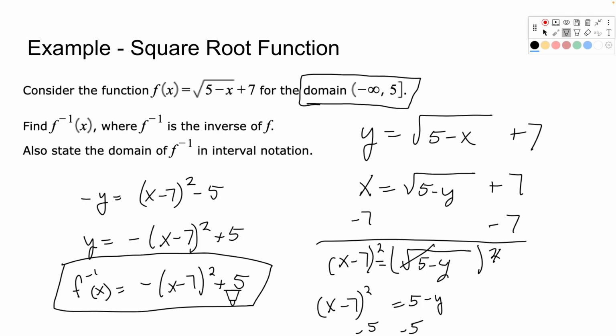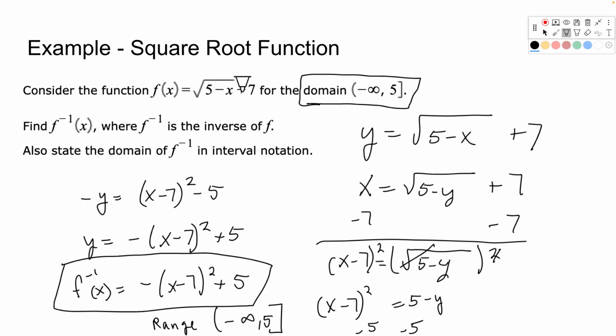So I know the range over here. Of course, I'm not asking for the range, but I know the range will be negative infinity to 5. But what I could also say is the range of the original function will become the domain of the inverse function.